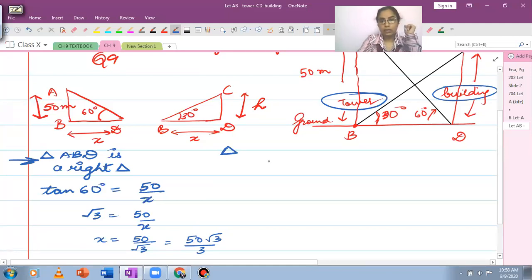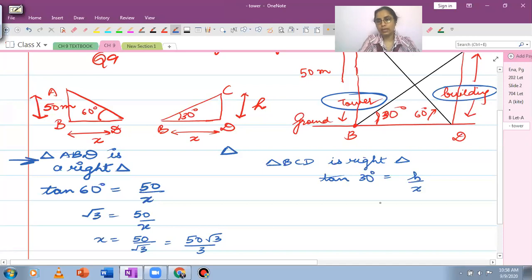And then over here we have triangle BCD, again a right triangle. I'm going to apply tan 30 degrees. This will be h over x, and this is 1 by root 3. So you can just cross multiply.